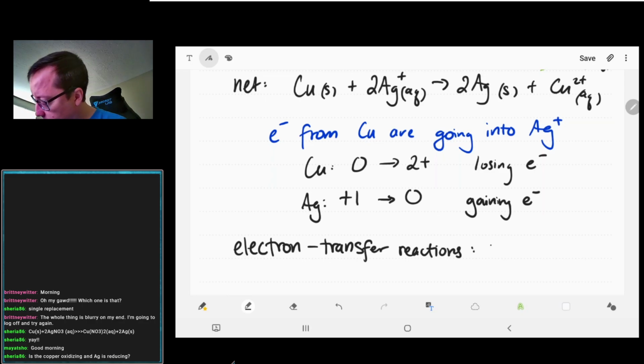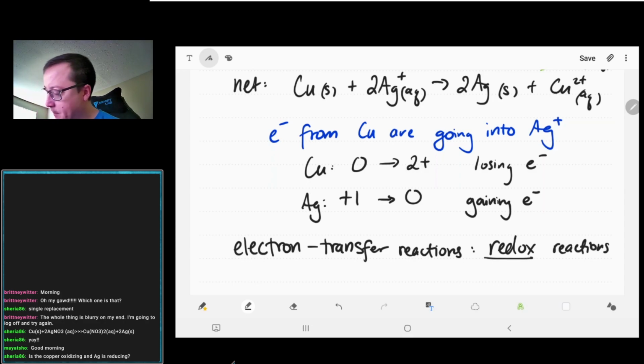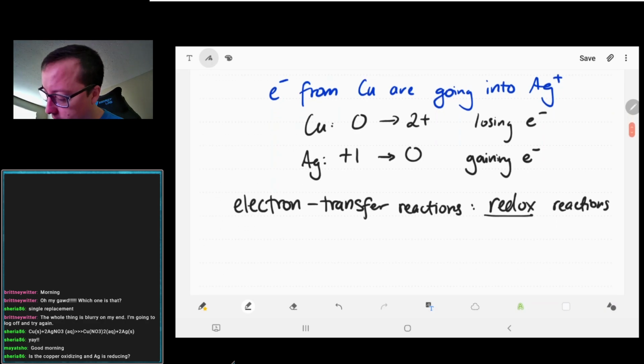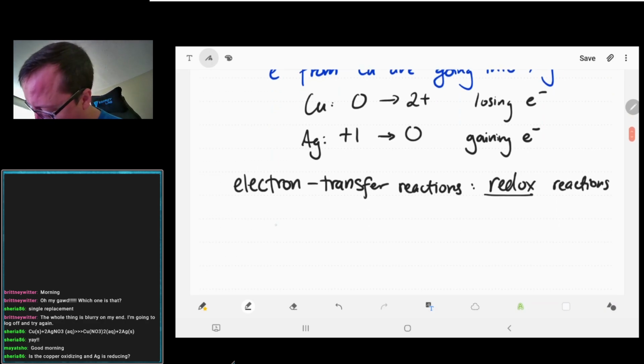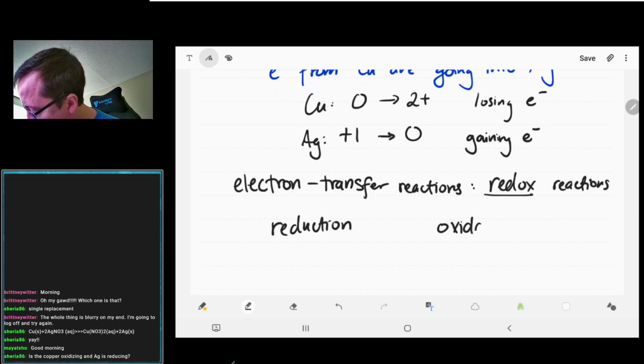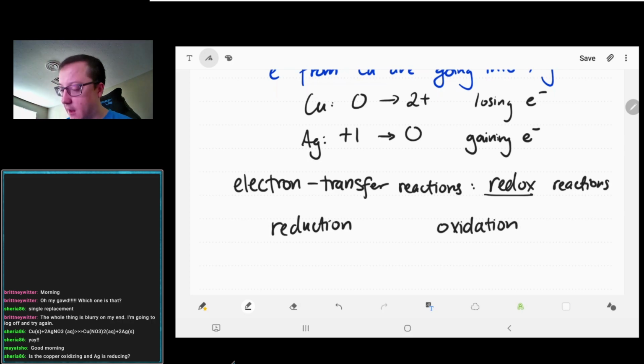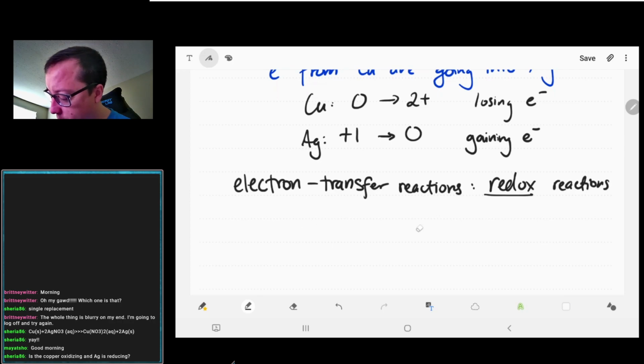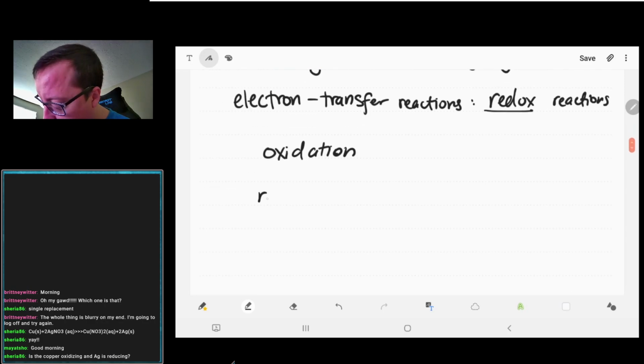We call these redox reactions. That word comes from two other words, reduction and oxidation. In fact, I'm going to swap those two real quick, because I'm going to show you a way to remember them.